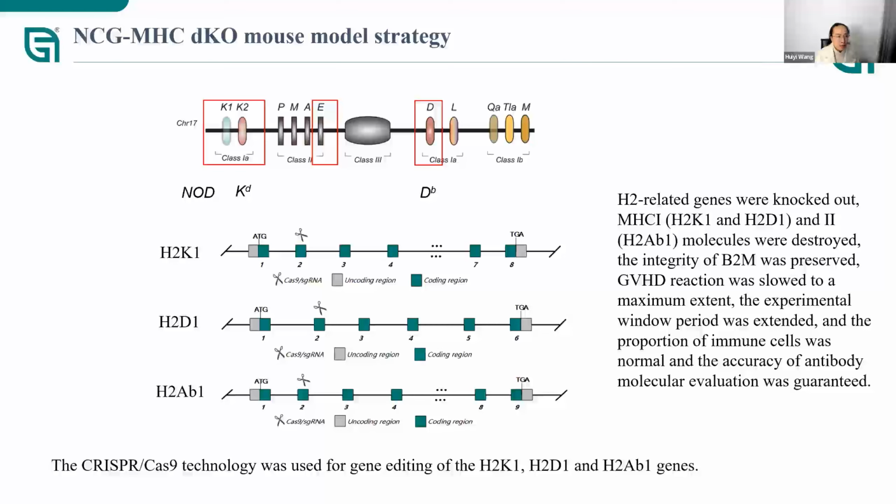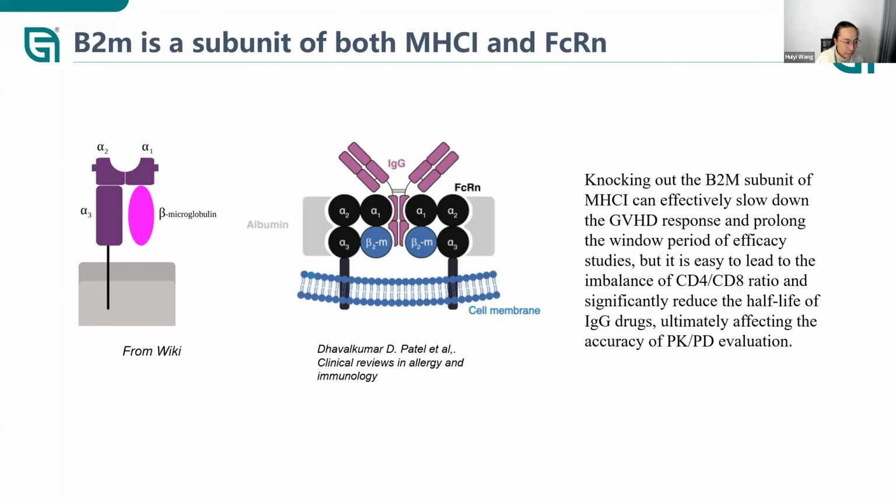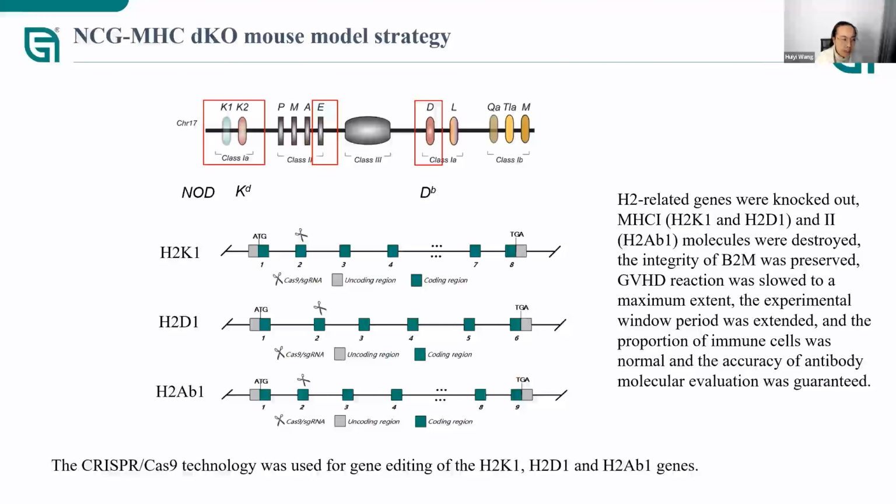To solve this problem, we didn't knock out the B2M subunit, but we knocked out the alpha subunits, which means the H2K1 and H2DB genes. We knocked out H2KD and H2DB on the NOD mice, and also the MHC2 gene IE, these three genes on the NCG mice.